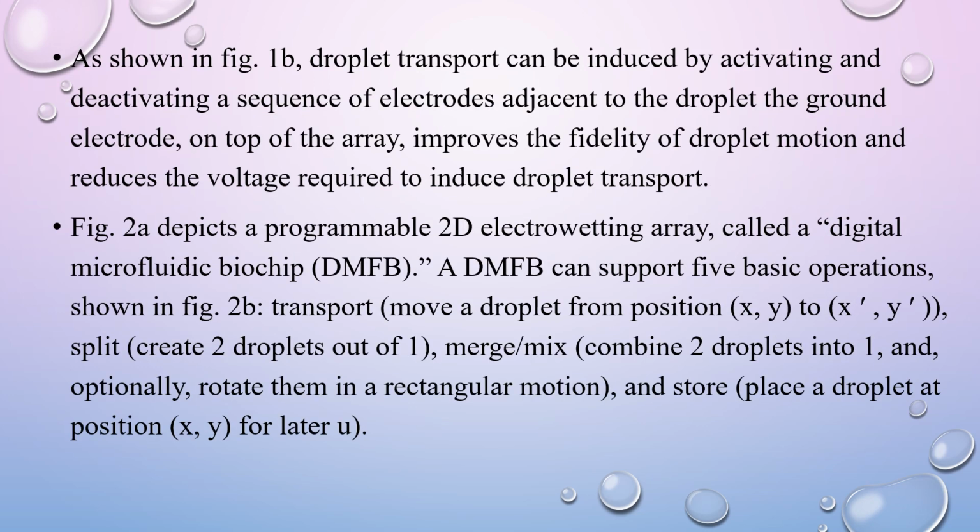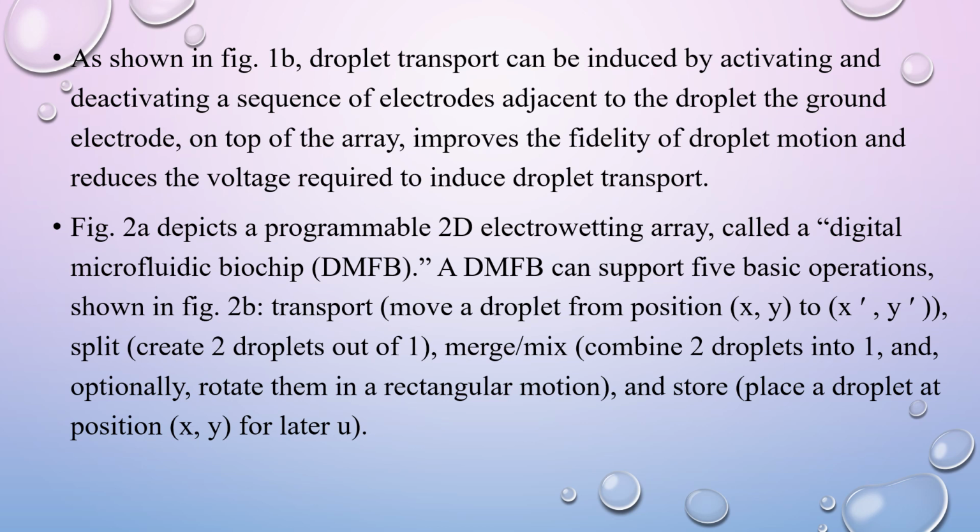As shown in figure 1b, droplet transport can be induced by activating and deactivating a sequence of electrodes adjacent to the droplets. The ground electrodes on top of the array improve the fluidity of droplet motion and reduce the voltage required to induce droplet transport.